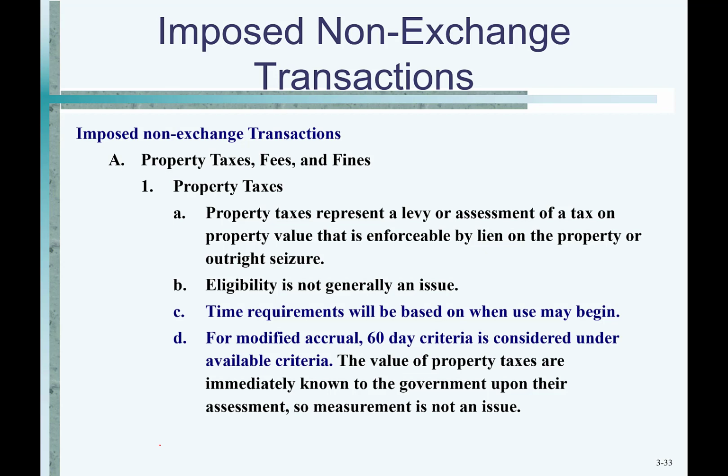Okay, so property taxes are an example of imposed. Now, does the government have to ask itself if it is eligible for property taxes? They know, huh? Go ahead, try it. You'll be losing that house real quick. Tell them, no, you're not eligible to this.